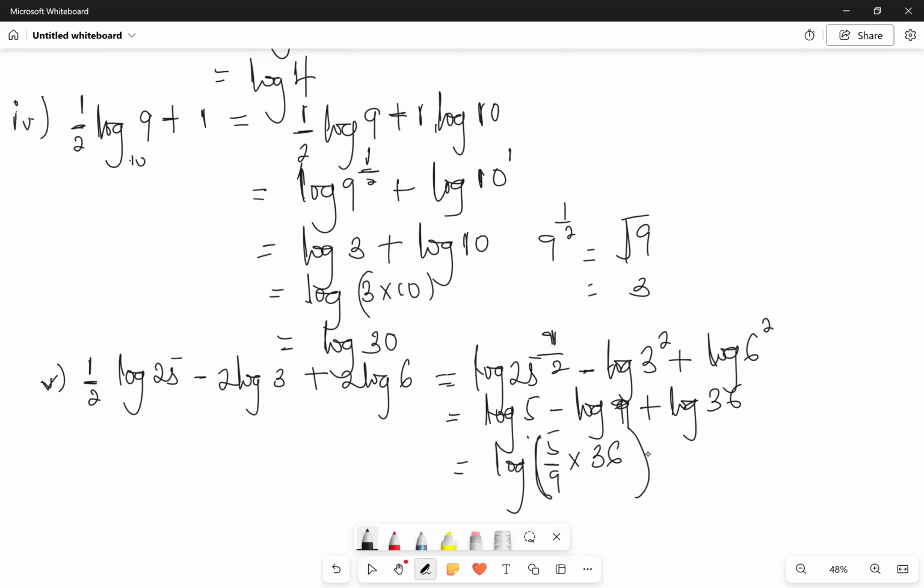Or if you're getting confused, 5 on 9, then plus log 36. When we are done, we'll look at that.